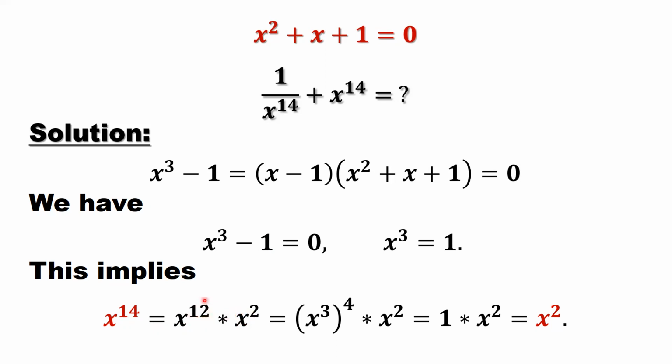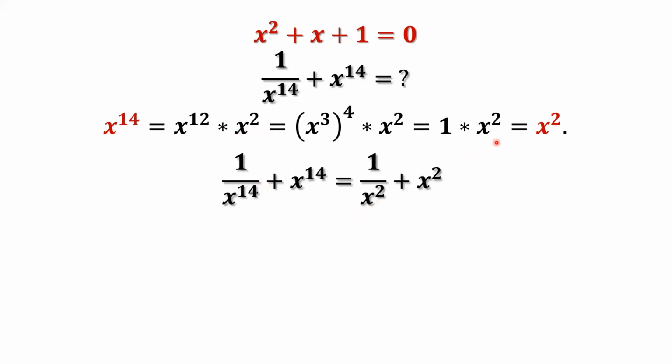Why do we pick 12? Because 12 is a product of 3 times 4. So x to the power 3, which is 1, we can reduce it to 1. Here, 12 plus 2 is 14. Simplify here, this equals x squared. This means x to the power 14 equals x squared.